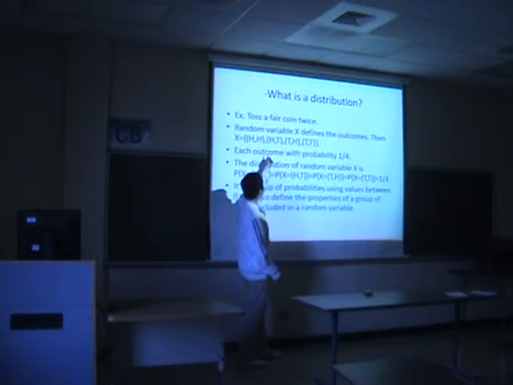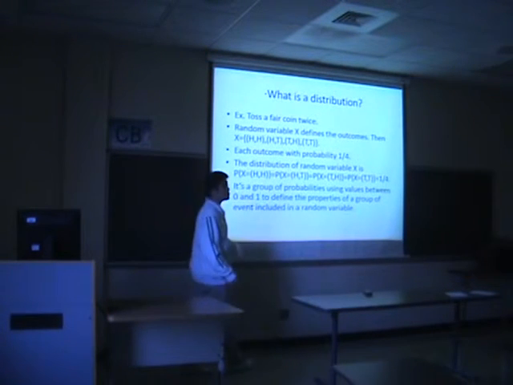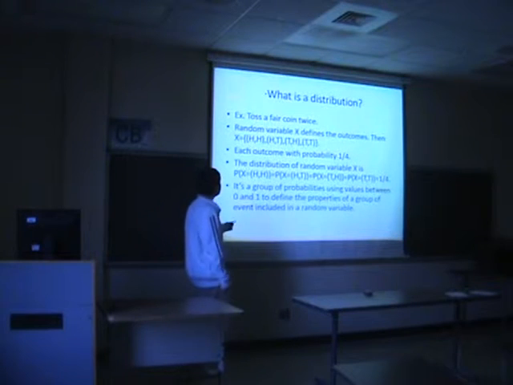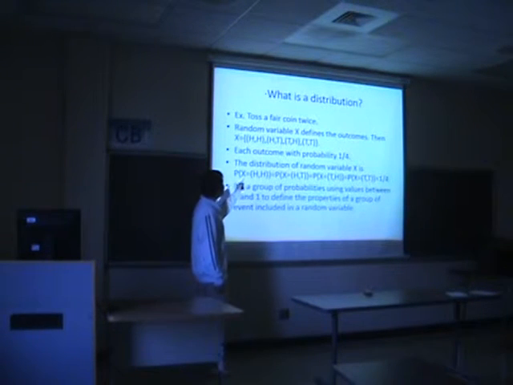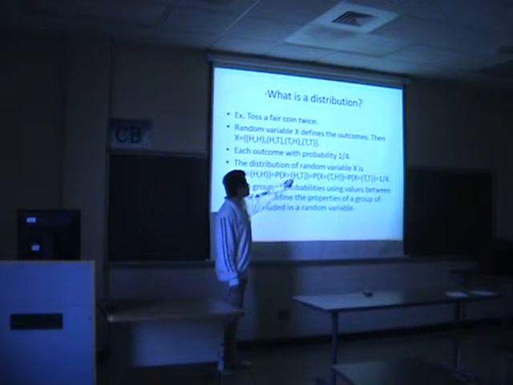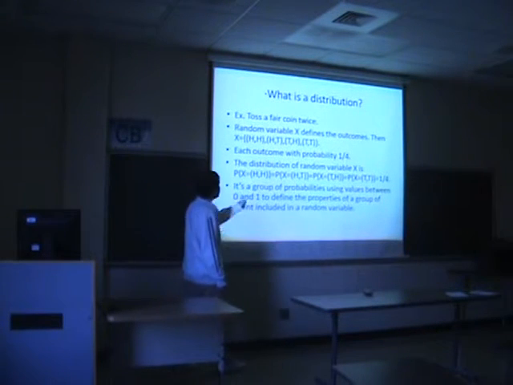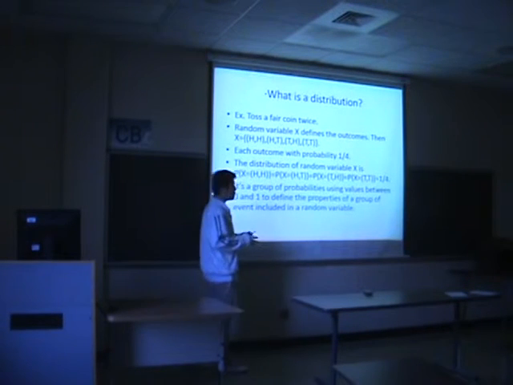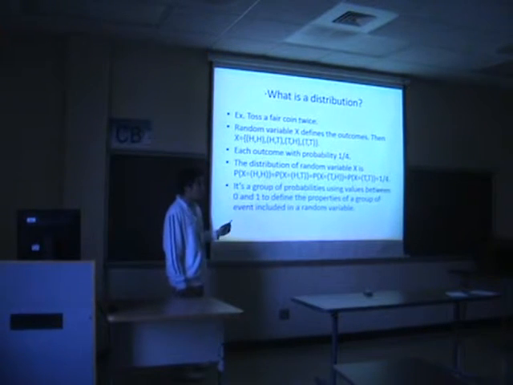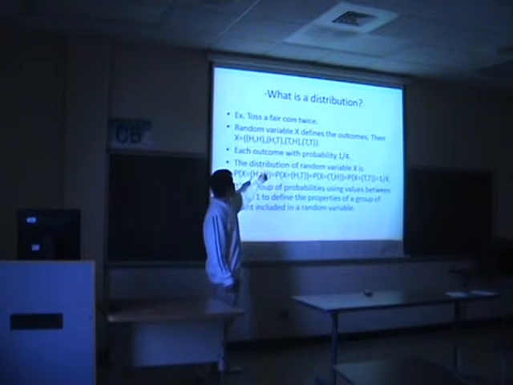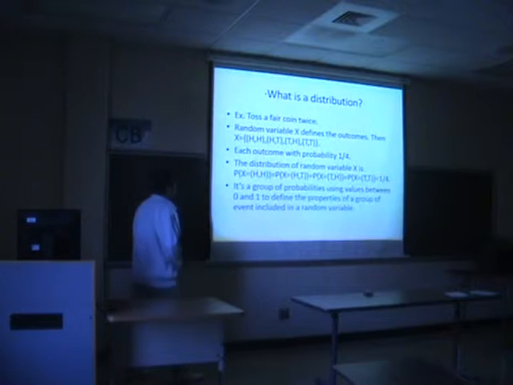Because this one and this one are the same. We don't consider the order. And no matter whether we consider the order or not, the probability of each outcome is 1/4, right? And if we don't consider order, this event becomes one event, and the probability of that is 1/2, right? We add the 1/4 and the 1/4 here.